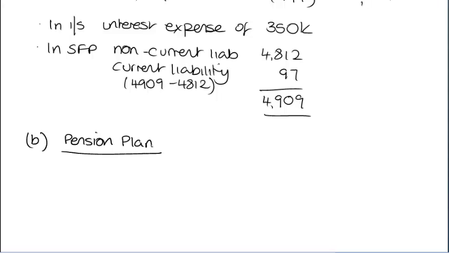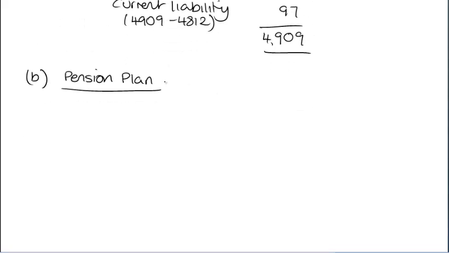The relocation is due to take place in December X3. So pension plan and relocation should really be our heading. So we look at the information, and the key decision that we need to make is, should we or should we not create a provision?